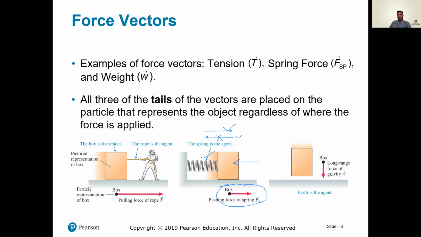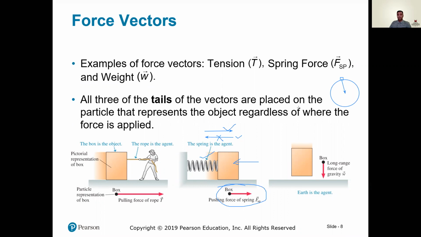Finally, we have weight, right? Weight is a force by which the earth pulls an object towards its center. If this is the earth, and you have an object sitting on top of it, then you could simply draw a vector towards the center of the earth, and that's the weight.